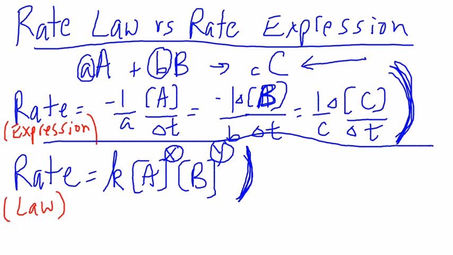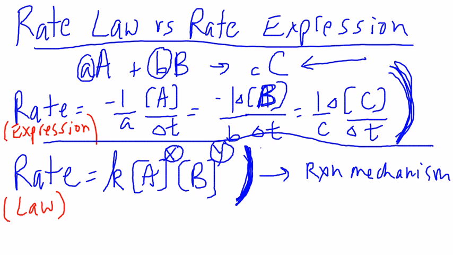This will tell us ultimately what exact steps are happening, called the reaction mechanism. This rate law will tell us something about the order in which molecules are colliding, and how they are concentration dependent.